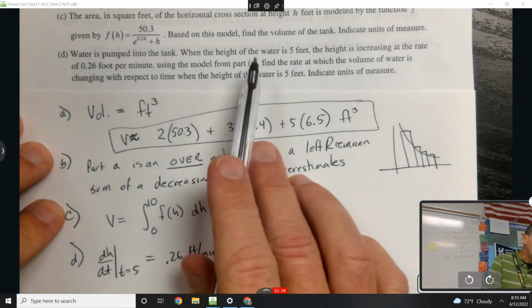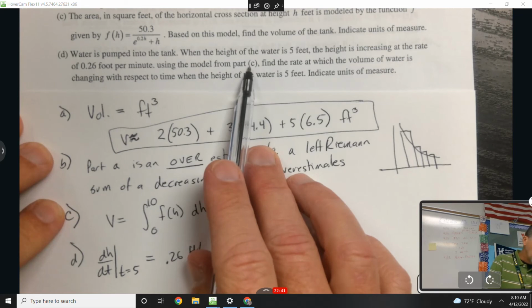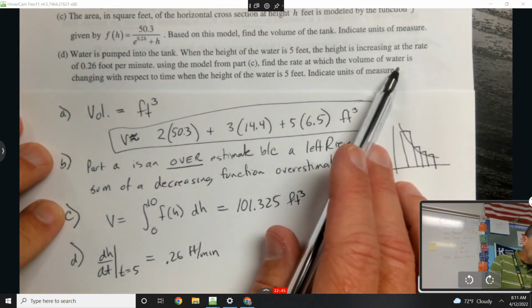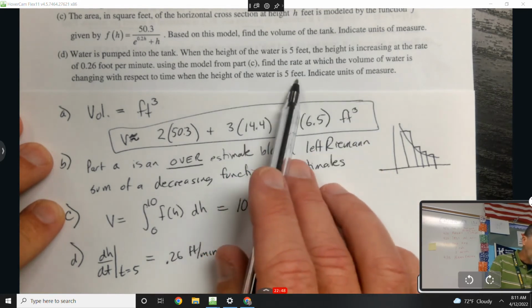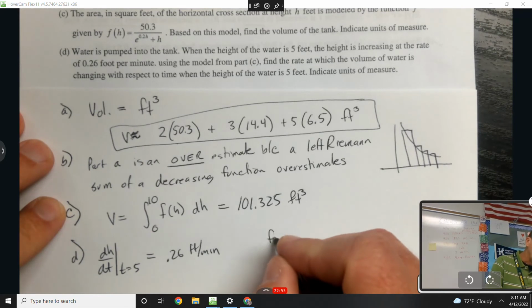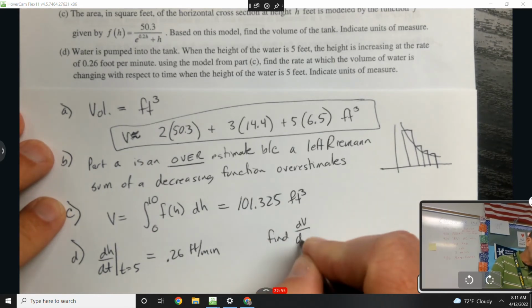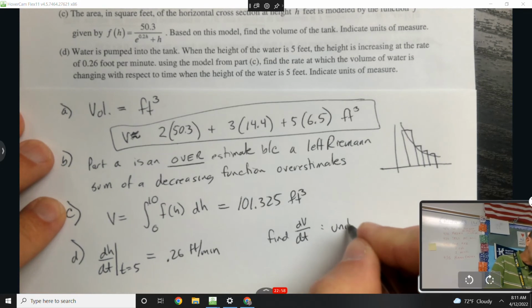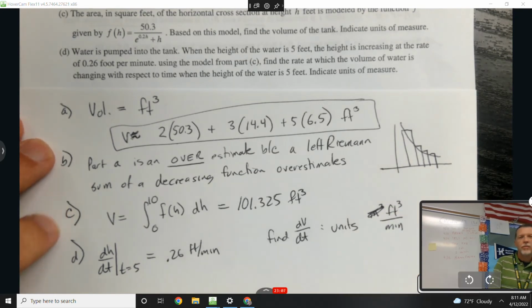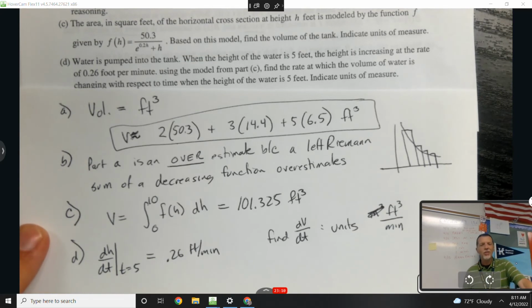Using the model from part C, find the rate at which the volume of the water is changing with respect to time when the height of the water is 5 feet. Find the units of measure. So find dV/dt, but I can tell you right now the units is going to be feet cubed per minute. I really doubt there's a point solely attached to the unit on that one, but if there is, we just got it.